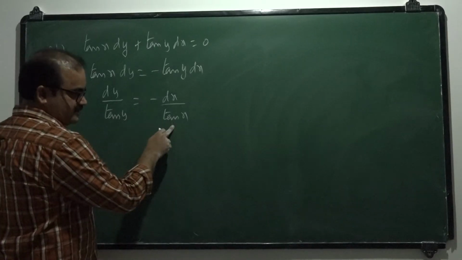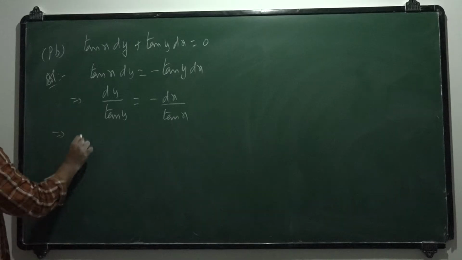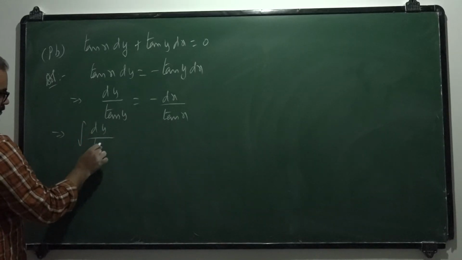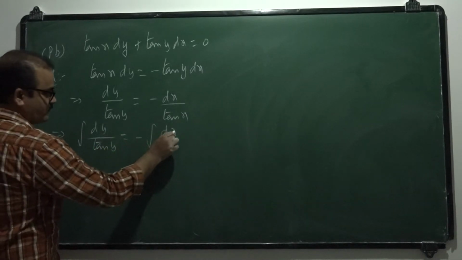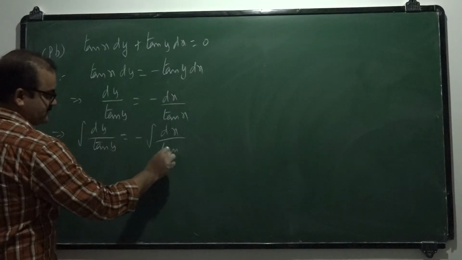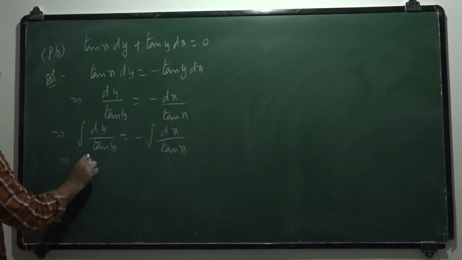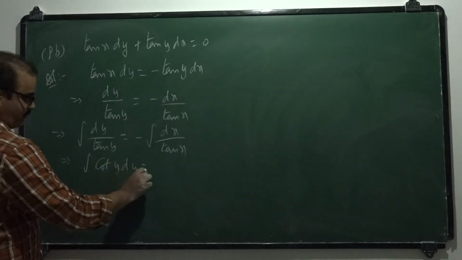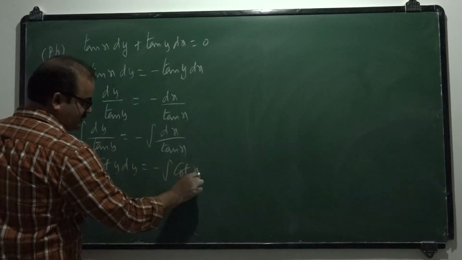Once the variables are separated, next on integrating, 1 by tan y is taken as cot y, 1 by tan x is taken as cot x.